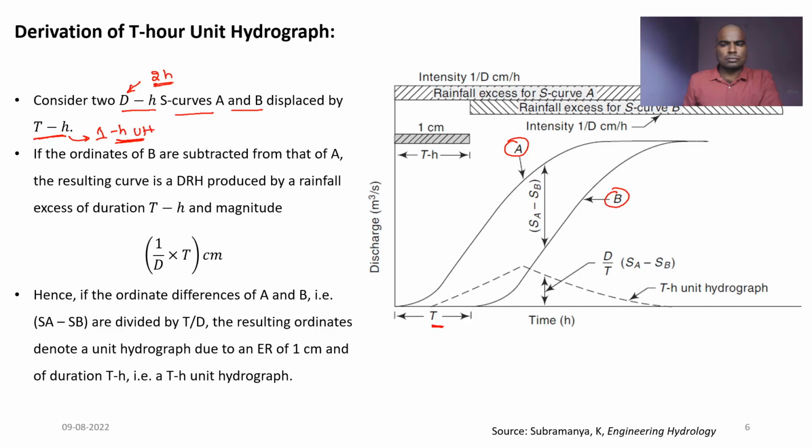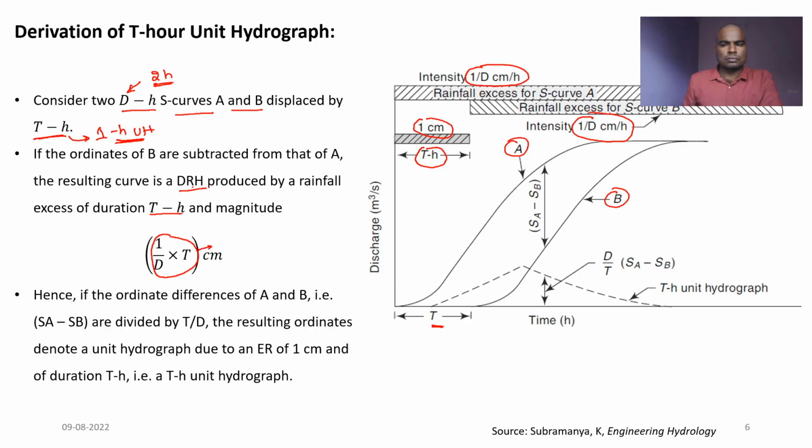These two curves have a constant intensity of 1 by D centimeter per hour, and this is T hour and has excess rainfall of 1 centimeter. Now if the ordinates of B are subtracted from those of A, the resulting curve is the direct runoff hydrograph produced by a rainfall excess of duration T hours with a magnitude of 1 by D into T centimeter.